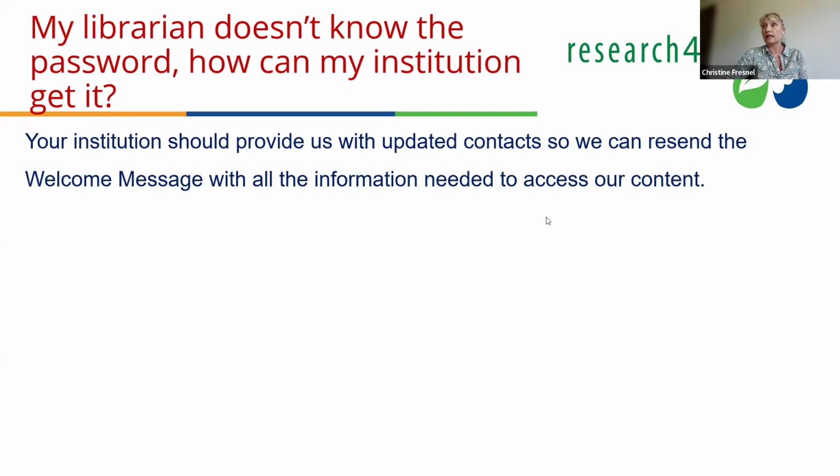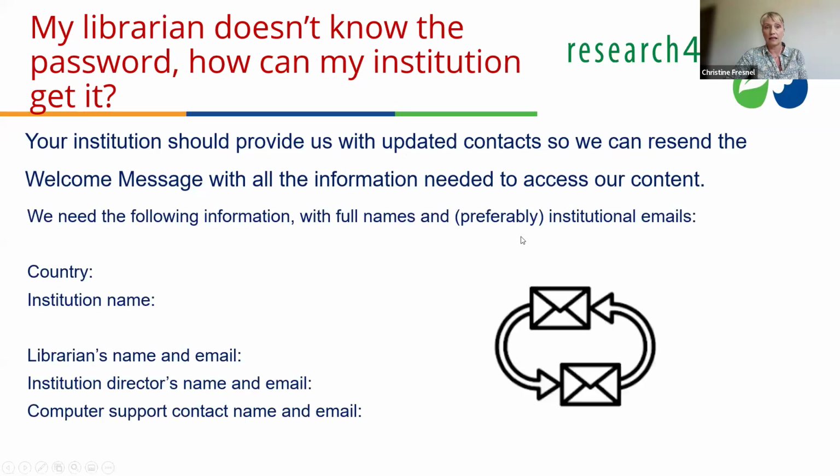And he has to provide the following information. Please, next. He needs to send us an email to say what is the country, the institution name, and explain that he's a new librarian with his email address. So preferably we would like to have some institutional email address.